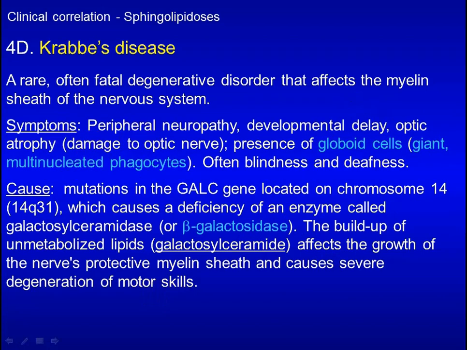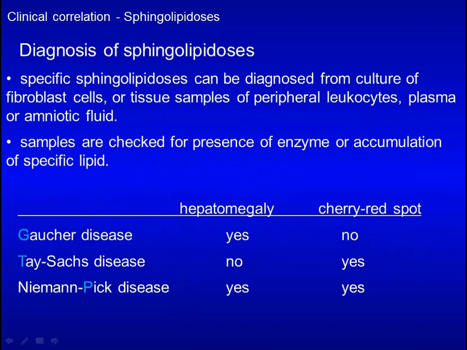A key feature of Krabbe's disease is presence of globoid cells that are giant multinucleated phagocytes. Diagnosis can be done using cultured fibroblast cells. Lysosomal enzymes will be tested along with lipids.